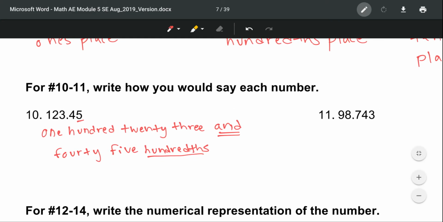Number 11, you have 98 and 743. The last digit ends in the thousandths place, so you'd say 98 and 743 thousandths.